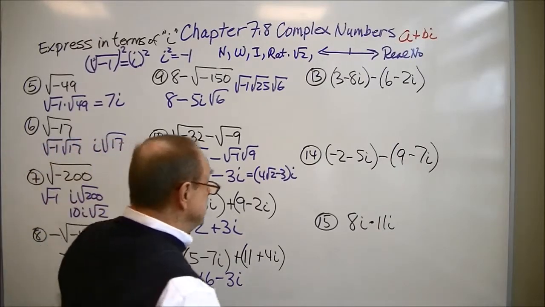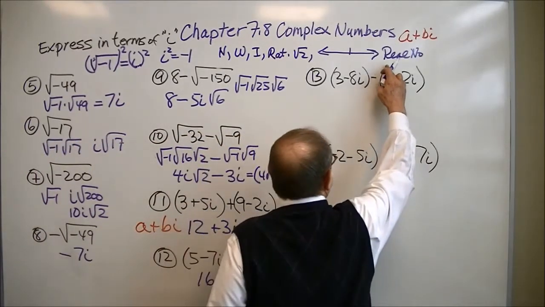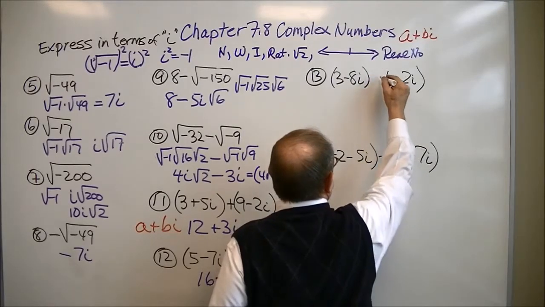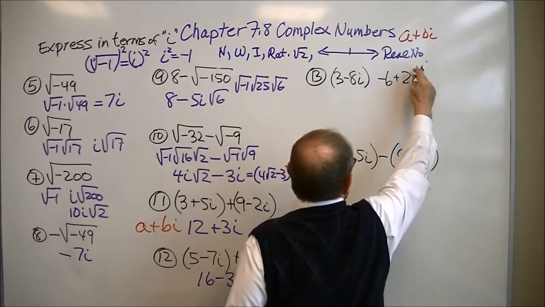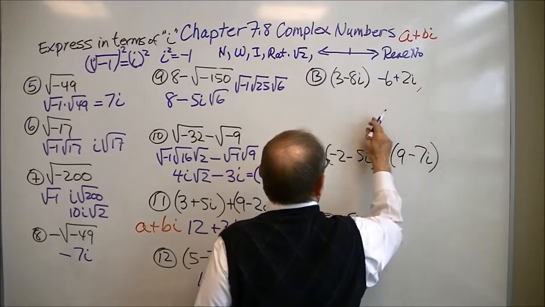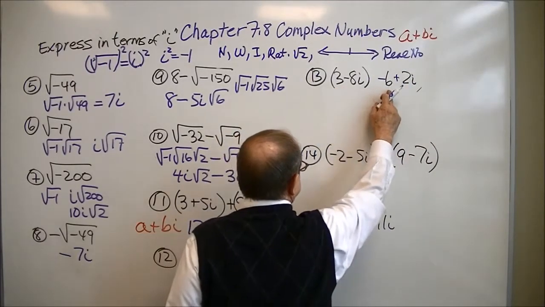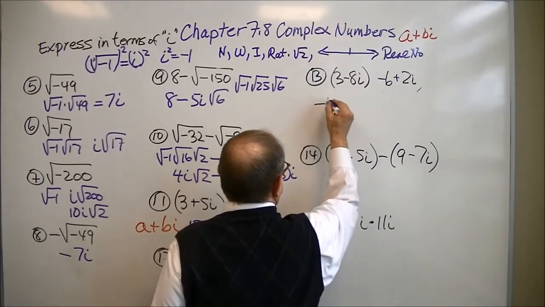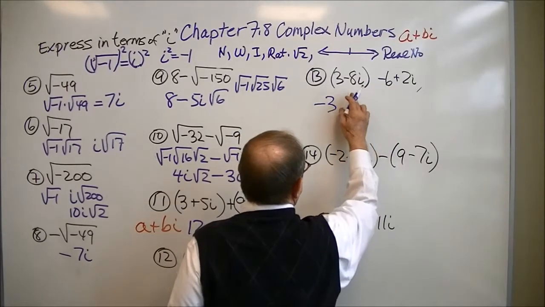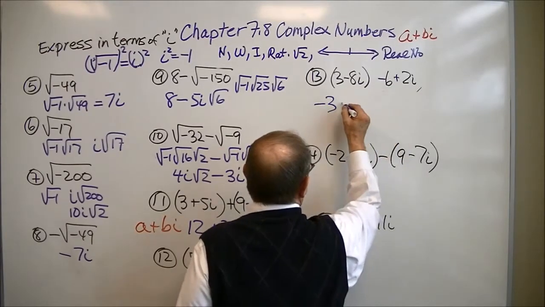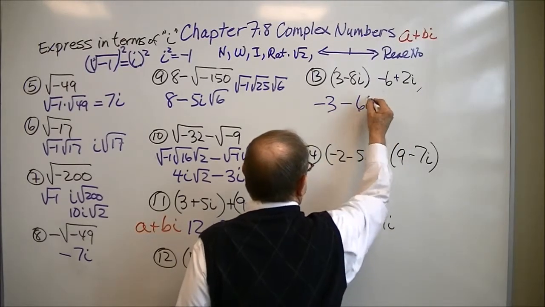And what we do when we subtract is we take away the parenthesis and just change these signs. So now we have a 3 minus 6 is a negative 3. A negative 8i and a positive 2i makes that a negative 6i.